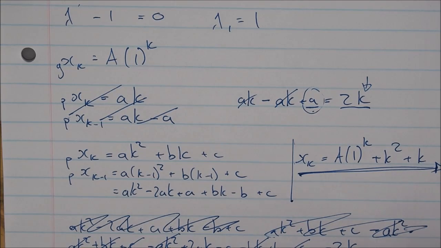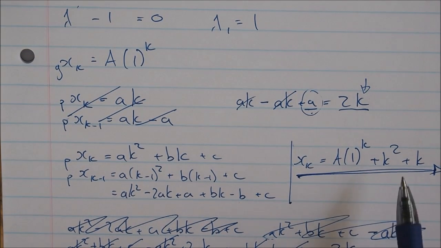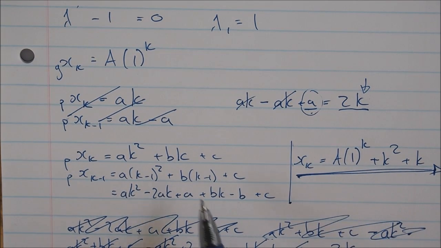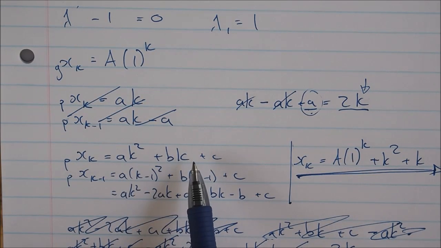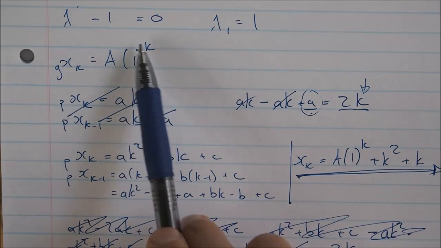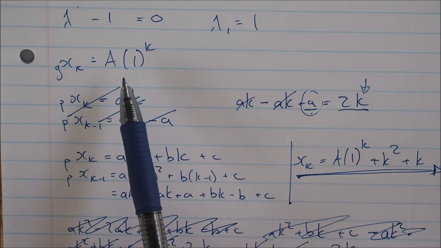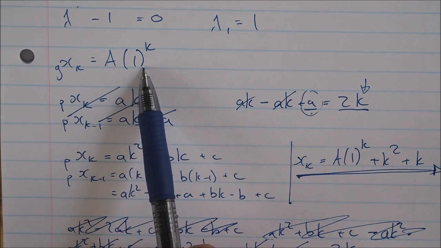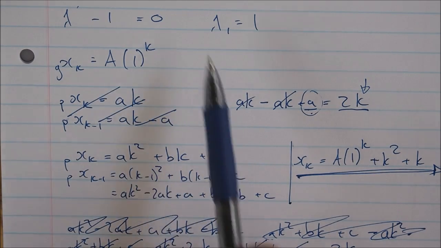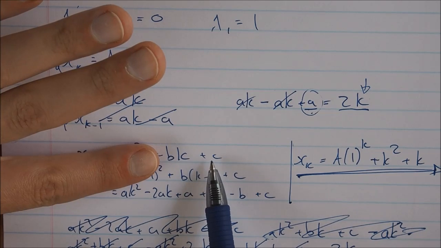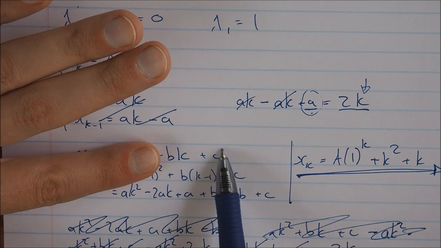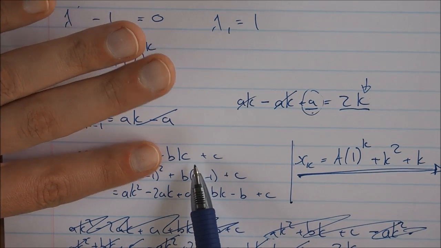Okay. And the reason why this failed is because our general solution is just a constant. Okay, and so the general solution being constant means that if we had taken our particular solution just to be bk plus c, the general solution captures this.